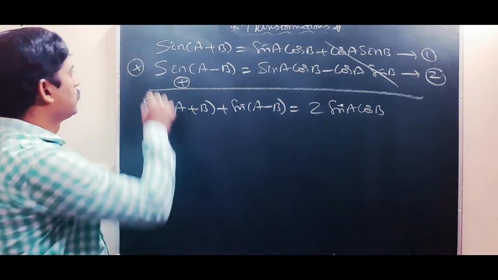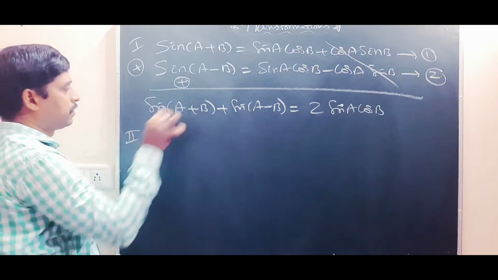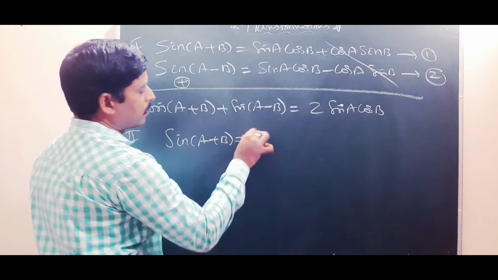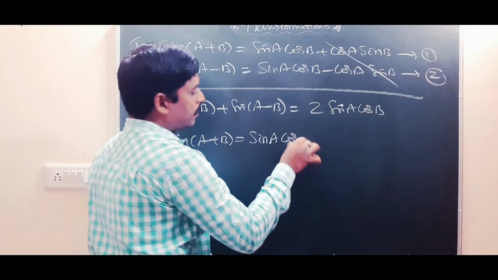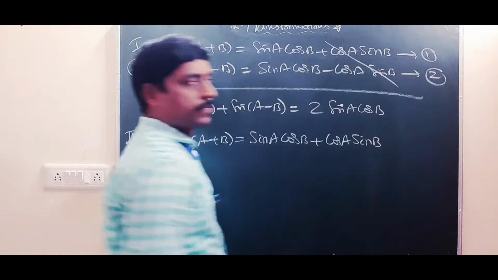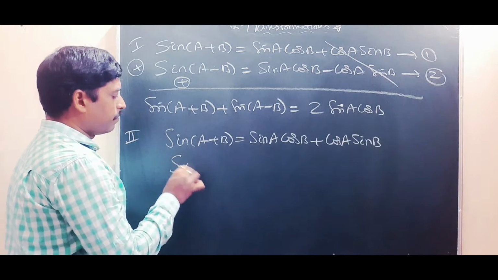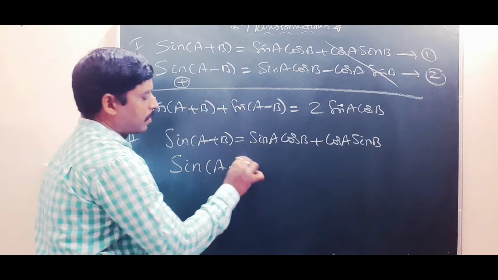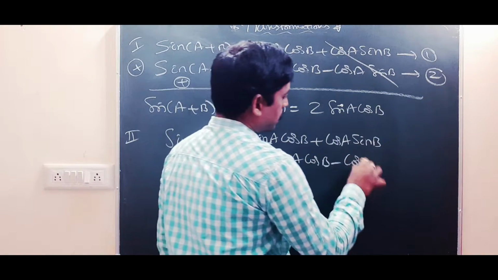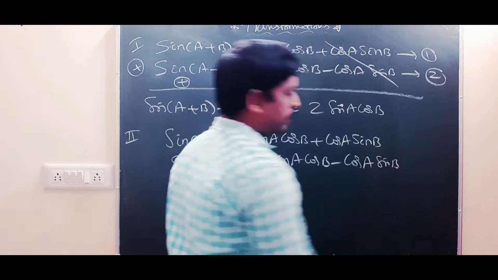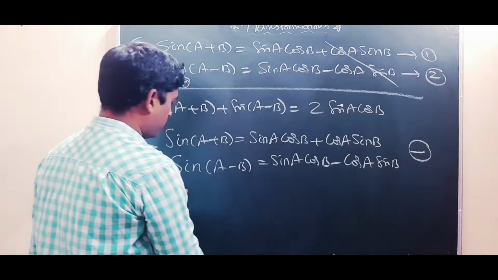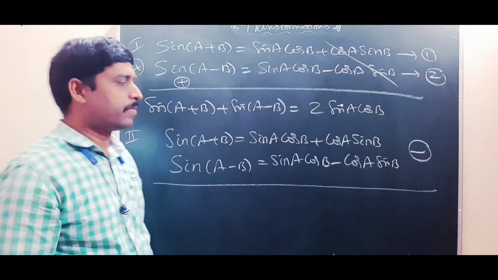Okay, so let us take the same equations. Sin(A+B) = sin A cos B + cos A sin B, sin(A-B) = sin A cos B - cos A sin B. In this case, let us do subtraction of these two equations.